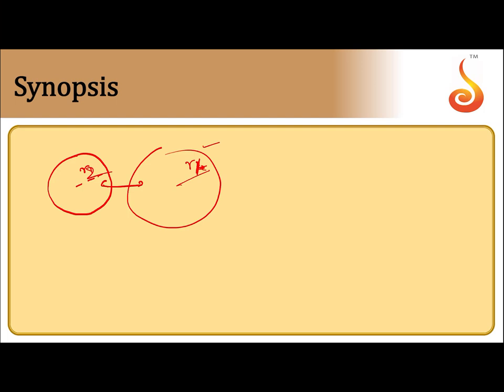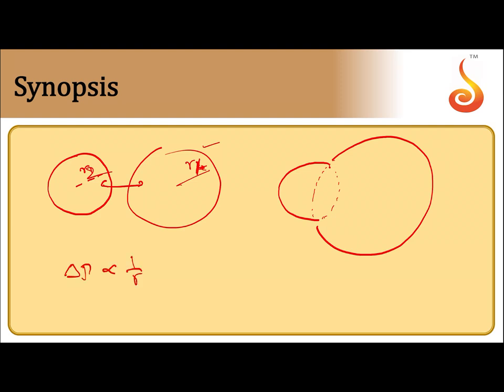It is something like this, and these are their actual surfaces. The pressure inside the smaller one is greater, since excess pressure is inversely proportional to radius, and therefore it exerts a greater pressure. So this becomes the common meniscus for both of them.